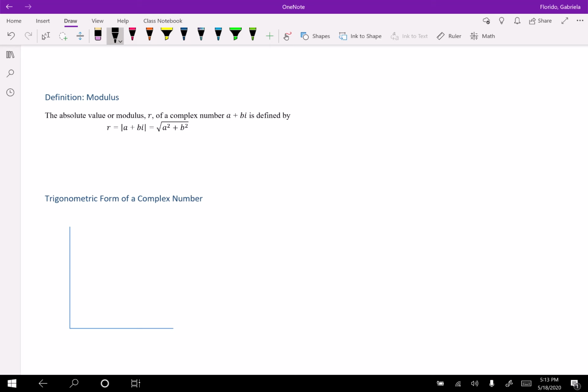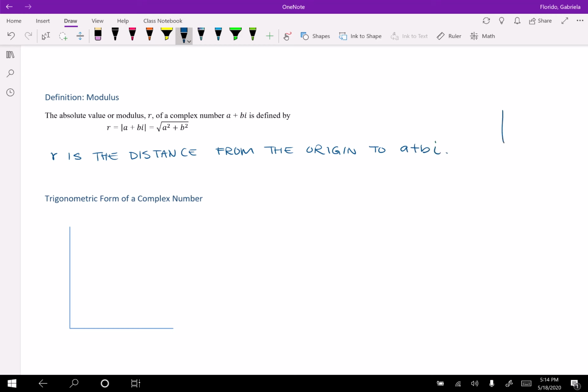A better way to think about the modulus is that r, which is the modulus, is the distance from the origin to a plus bi.